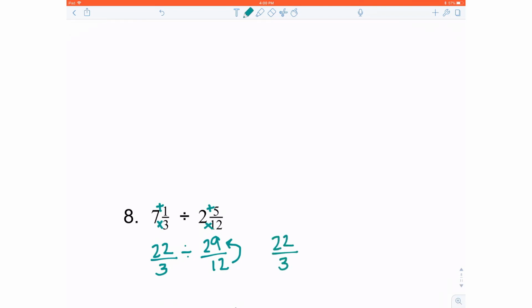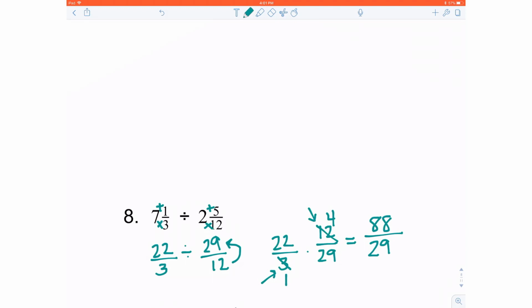So 22 over 3 times 12 over 29. Well, we don't have anything identical on the top and the bottom, but we have this 12 and this 3, which we can divide both of them by 3. So let's do it. Divide this one by 3, you get 1. You divide this one by 3 and you get 4. So 22 times 4 is 88 over 29.